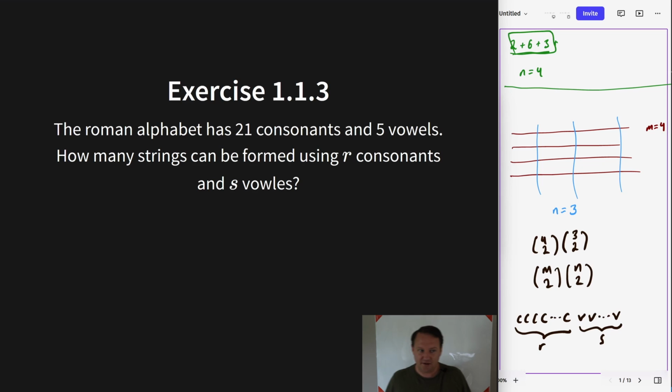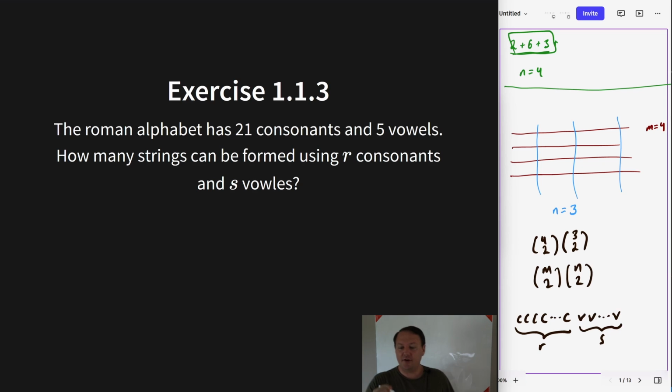So there are a few things to consider here. The first thing to consider is that each consonant can be chosen in 21 different ways. The vowels can be chosen in 5 different ways.